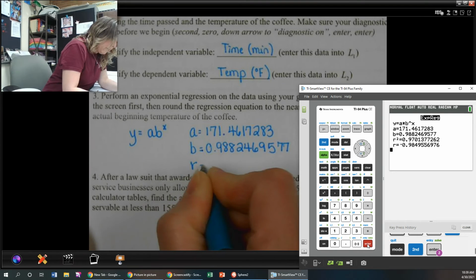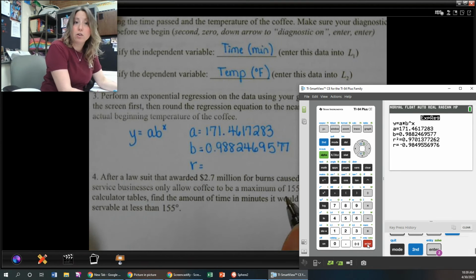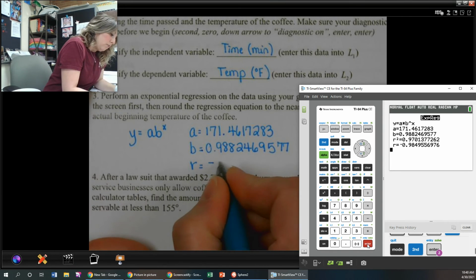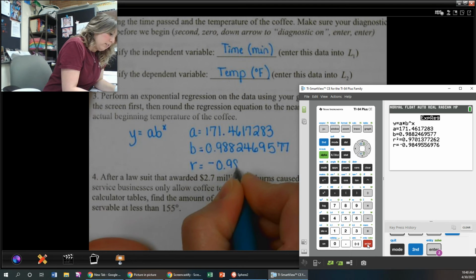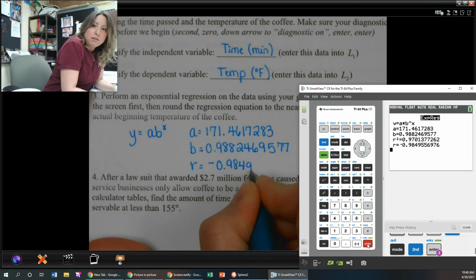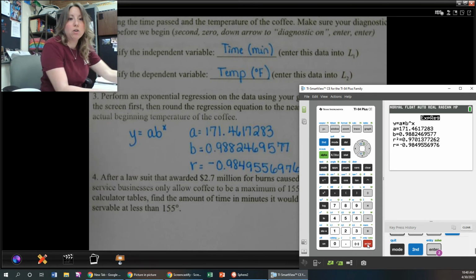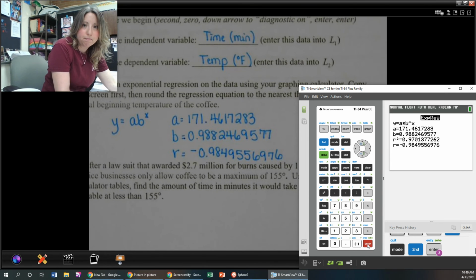And our R value, we can still skip R squared, and we're just looking at our R value in general, is negative 0.9849556976. So copy that down all the way.